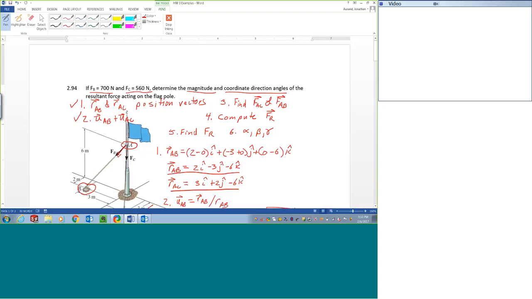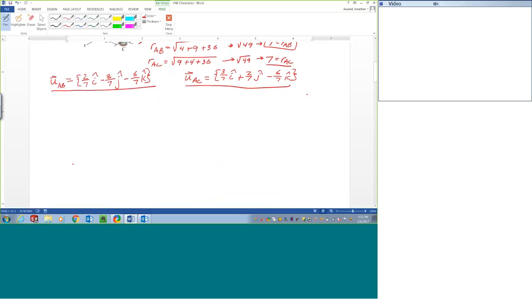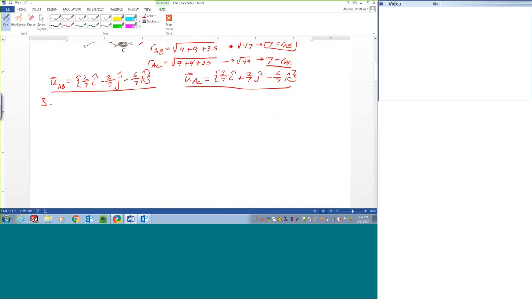Now we need to find FAC and FAB. Step 3 over here. If you recall, FAB equals the magnitude of FAB times the unit vector UAB. So it's a scalar multiplication of a unit vector with the magnitude in that direction. Makes sense.